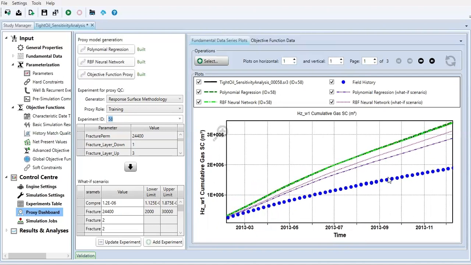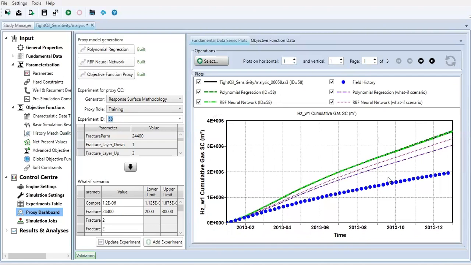All right. Which parameter and which combination will give you the highest cumulative oil production. And you can do that using polynomial regression. You can also do that using neural network, and then you compare the result from polynomial regression and the neural network. Also with this what if scenario, right?